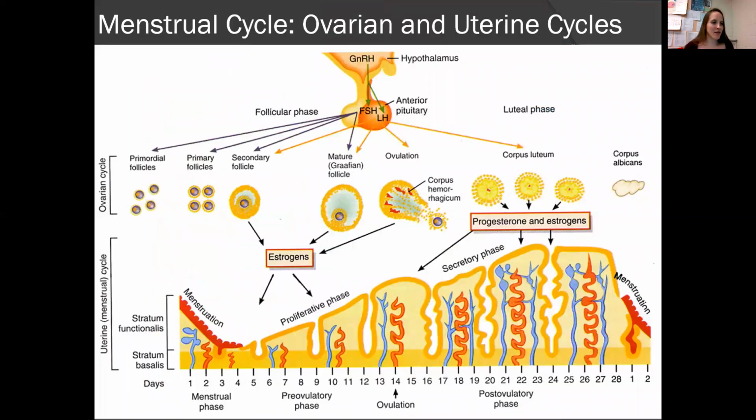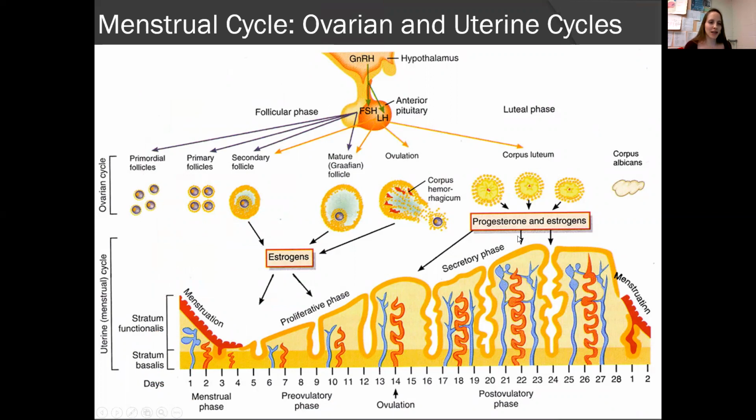Okay, this is just another way of looking at this. So again, at the start, we have the follicular phase, which is stimulated by FSH, causing our follicles to develop, and those developing follicles are releasing the estrogen. And then you have LH here, which is causing ovulation, and then also causing the corpus luteum to develop.